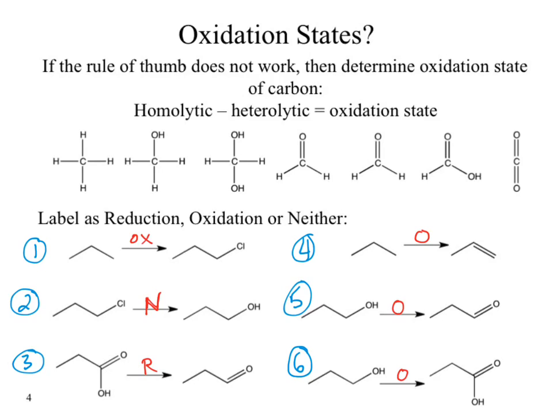Any other ones you had questions on? Number 3. I did them fast, so maybe I did something wrong. If we take a look at 3, what changed in the process of 3? So one thing that's suspicious on that is you almost always have an implied hydrogen, which may help out. The carbonyl doesn't change.